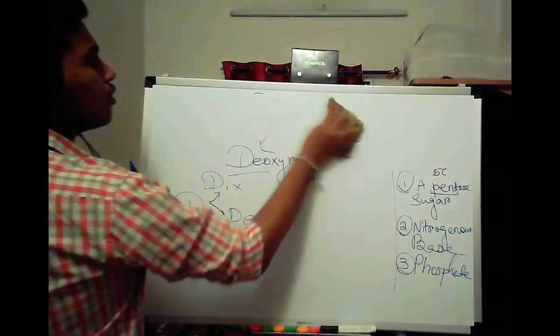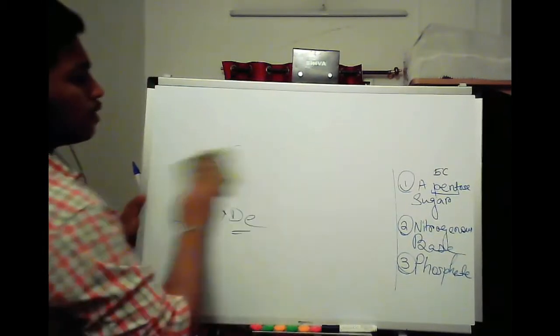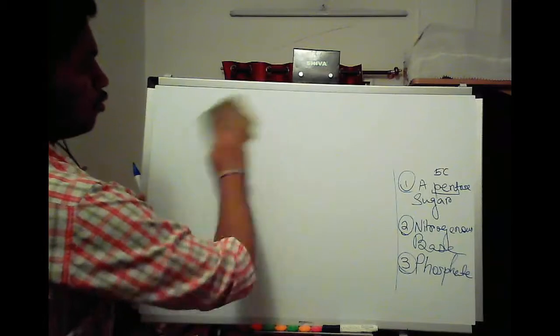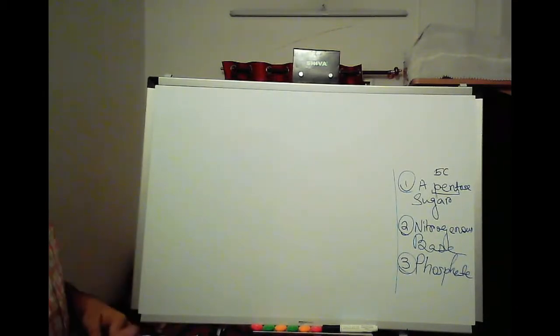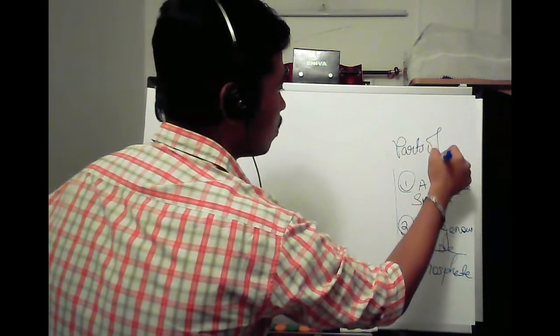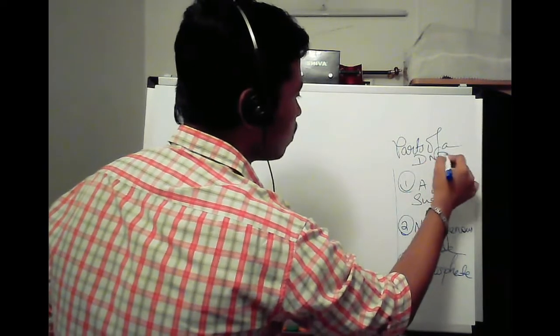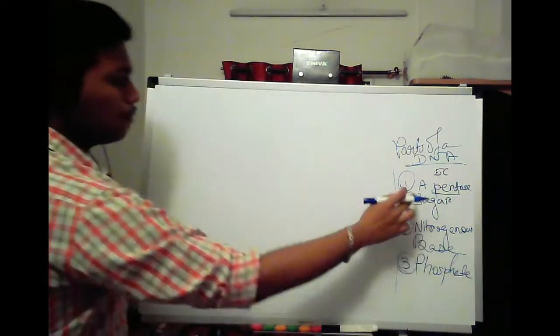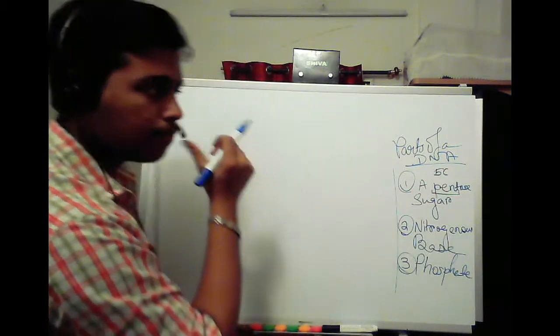Let us see what we have in our store. Parts of the DNA. Remember these. Don't copy this one down right now. Pentose sugar.